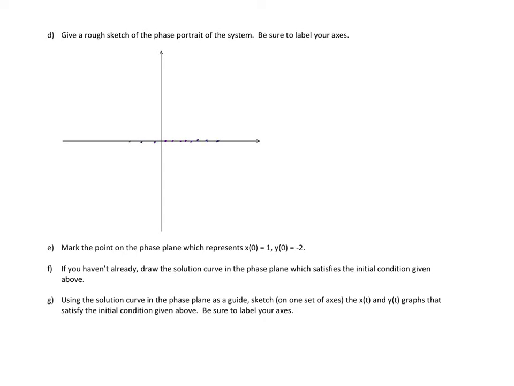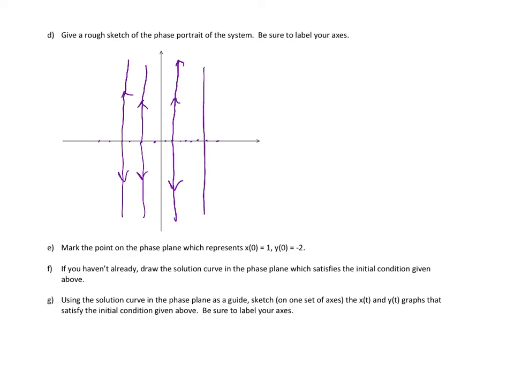Then if we just follow the direction field, which has up arrows above the x-axis and down arrows below the x-axis, we just draw in several curves, lines in this case, to indicate the pattern. So all of our solution curves look like these up and down lines.